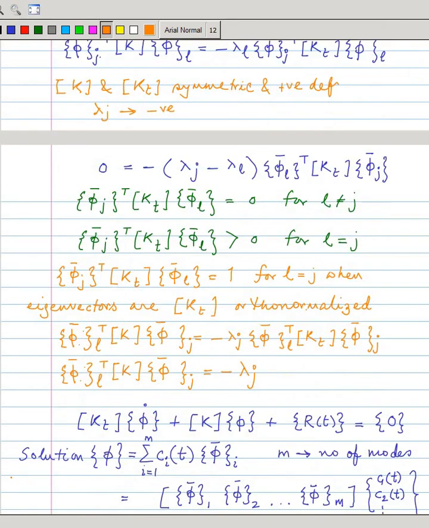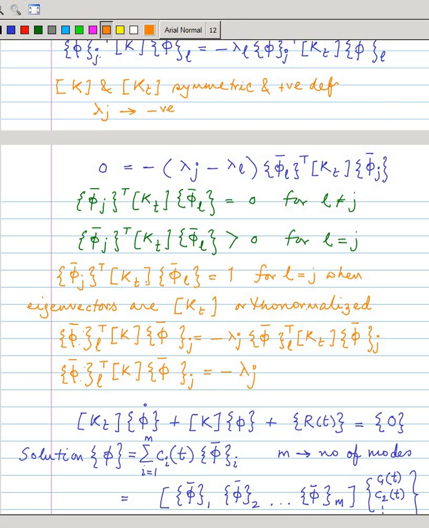So for L not equal to J, this is minus lambda j, and for L equal to J, this is 0.